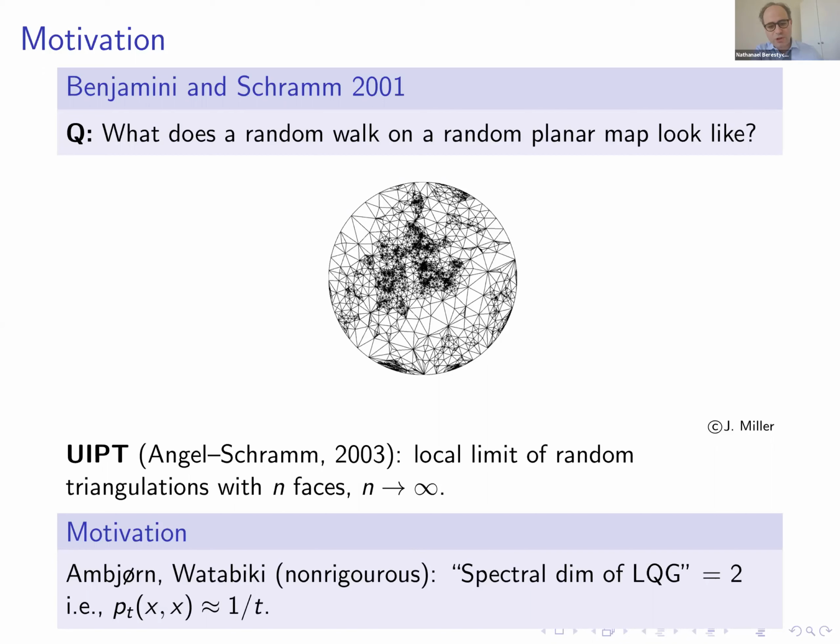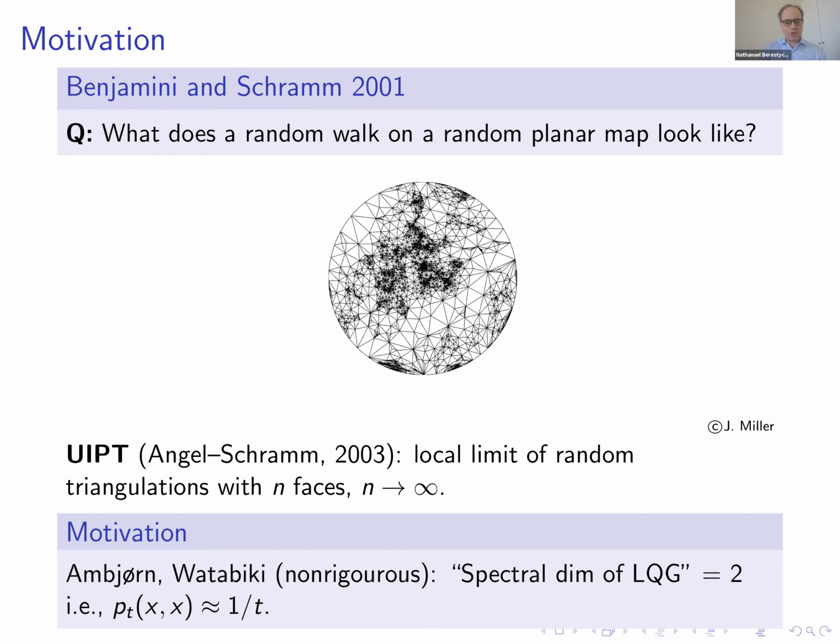One way to phrase this is that if you do a random walk on this infinite planar triangulation and ask what the chance is that the random walk is back at its starting point at time t, then this decays as t tends to infinity like it would on the two-dimensional Euclidean lattice, meaning like 1 over t. This is what is meant by the spectral dimension being 2.